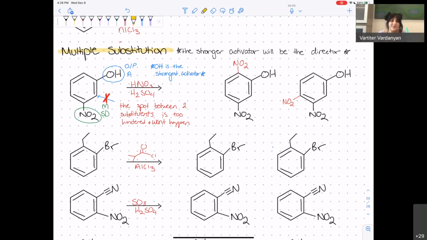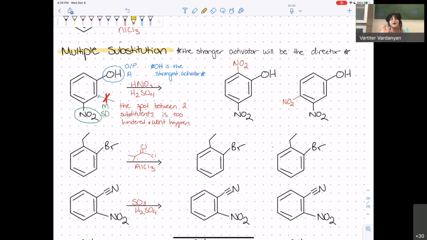So I drew in the first example, we have an ortho-para activator, and we also have a meta deactivator. The activator is obviously a stronger activator than the deactivator is. So we are going to use the ortho-para positions for the OH.